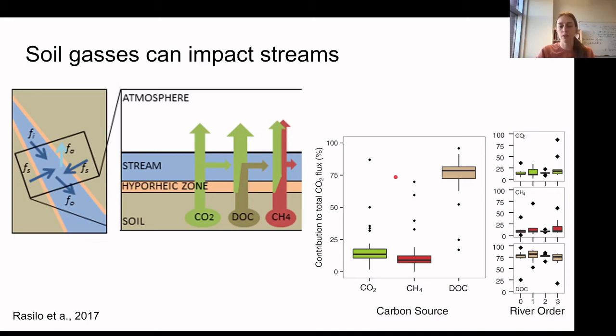We really want to drive home this point that soil gases and what happens in the terrestrial environment can strongly impact productivity and what's happening in the stream environment and the gas flux from that stream environment. And this little figure over here just shows that this is pretty consistent across streams. Even if you're moving into higher order, larger streams, you're still getting a lot of your total CO2 flux delivered from the terrestrial environment.